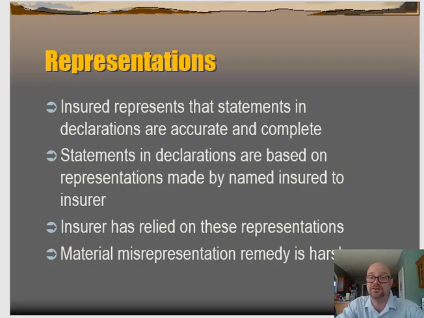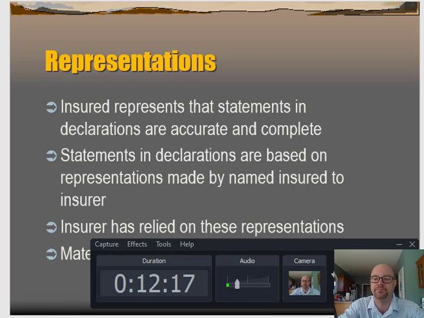If there's a misrepresentation, they can get out of the contract entirely and they don't have to pay even after there's been a claim. So the lesson for the insured, don't lie. That's really, really not to your advantage. People think, well, if I misrepresent something, maybe I can save some money on your premium. What you're really doing is risking there being no coverage at all. Not worth it. That's just a doctrine you want to be aware of when we talk about representations in the policy.